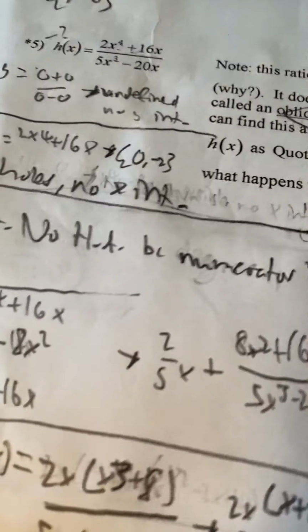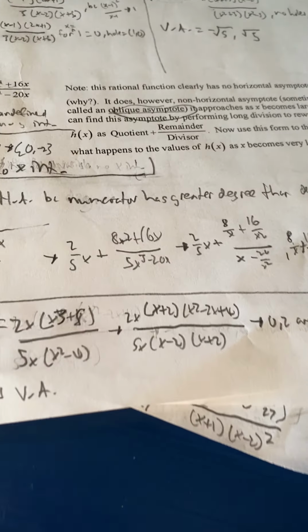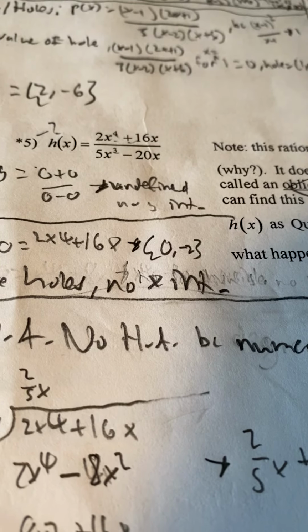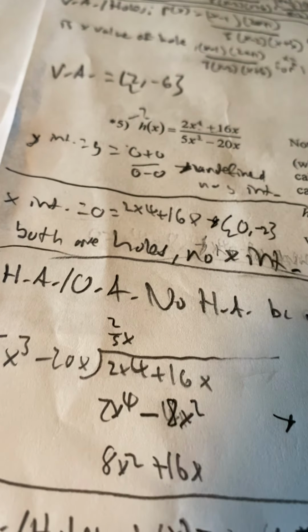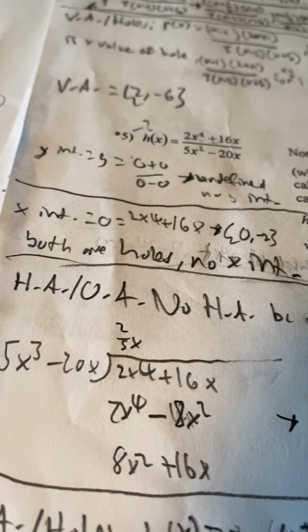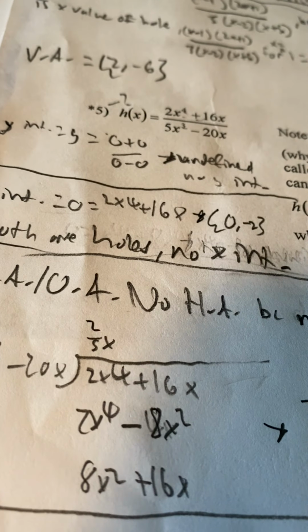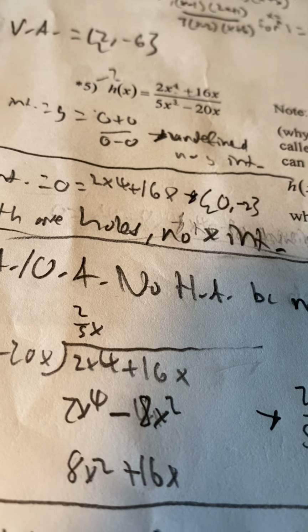All right. Finally, this confusing one with the oblique asymptote: 2x to the fourth plus 16x over 5x to the third minus 20x. So I just stayed with my same process. Y-intercept, set x equal to 0, and since all of the terms have x in them, there is no y-intercept.